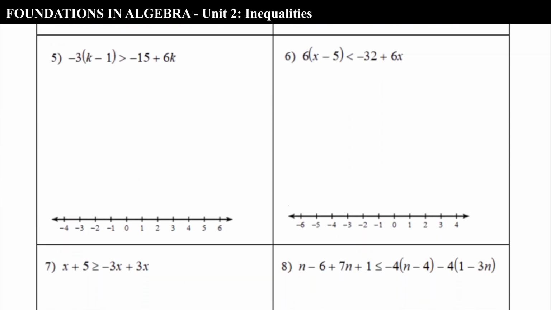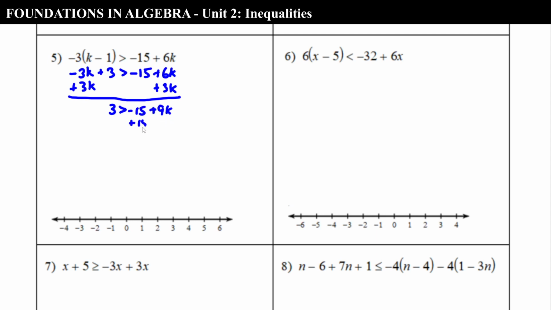For number 5, we are going to distribute first. So we get negative 3k plus 3 is greater than negative 15 plus 6k. Let's add 3k to each side. And that gives us 3 is greater than negative 15 plus 9k.